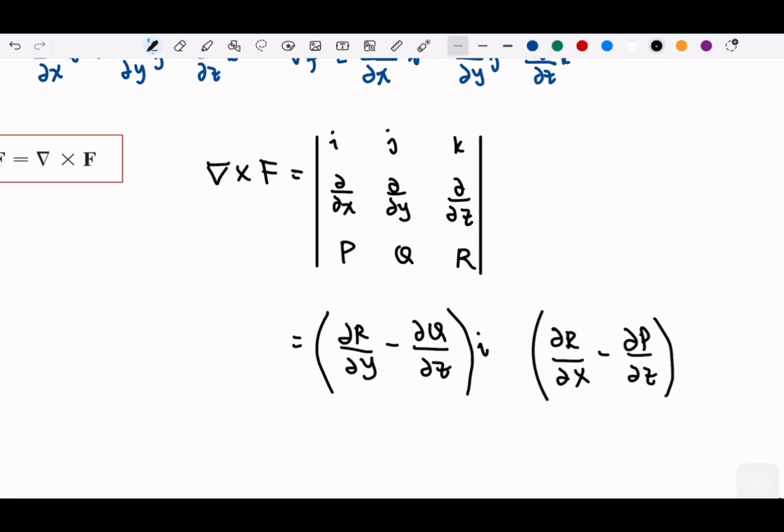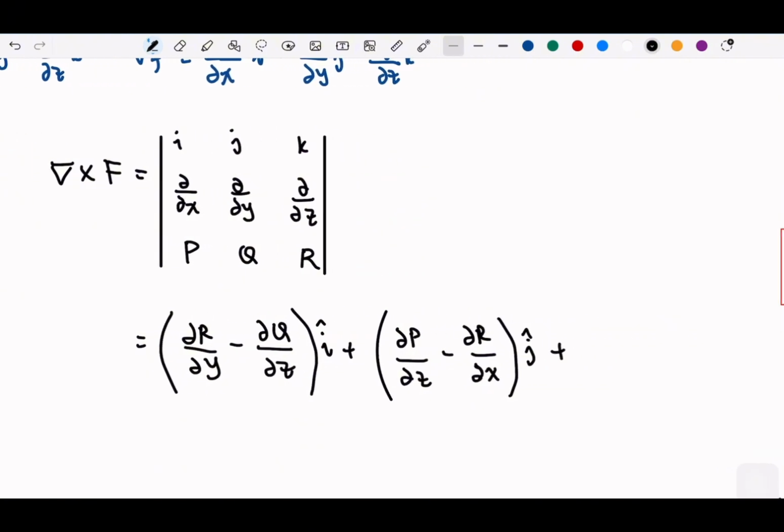So this will be switched, so that we have dou P dou z minus dou R dou x, because I want all the positive values outside the brackets.